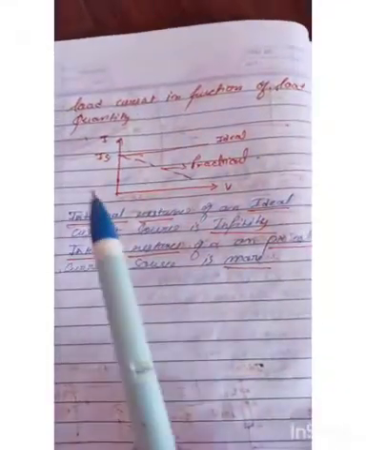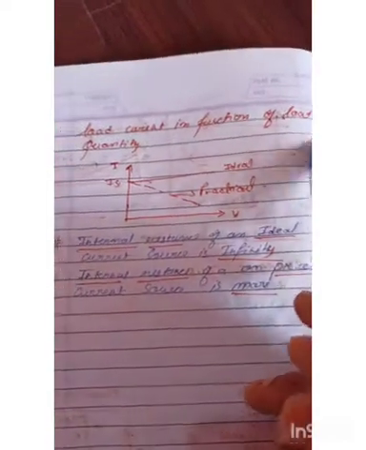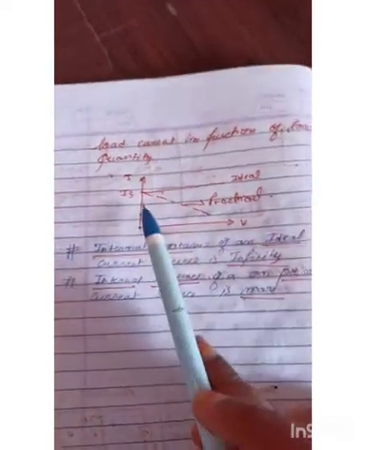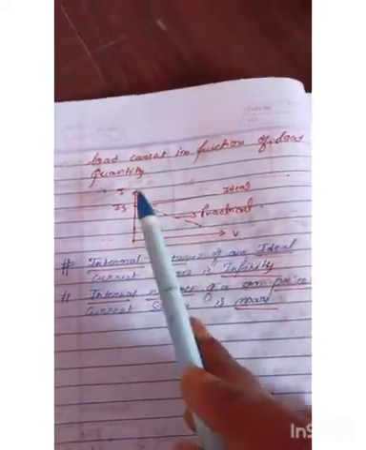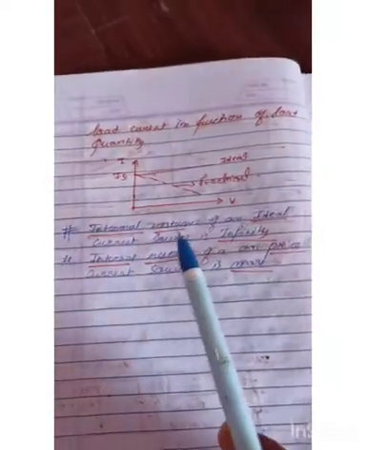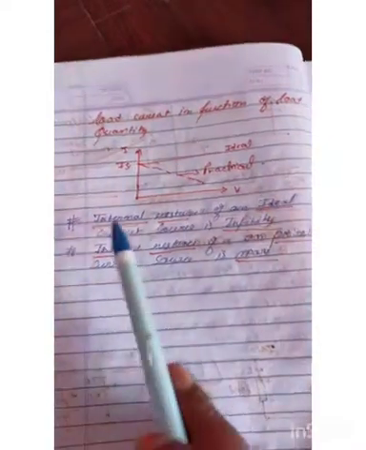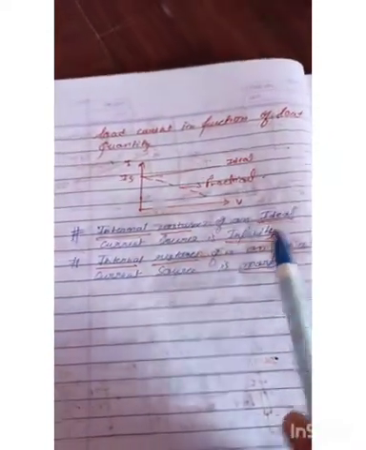We will see the graph that the load current is a function of load quantity. For the practical current source and for the ideal current source, the most important 2 points that come out from this are that the internal resistance of an ideal current source is infinity and the internal resistance of a practical current source is more.